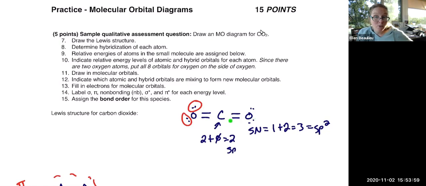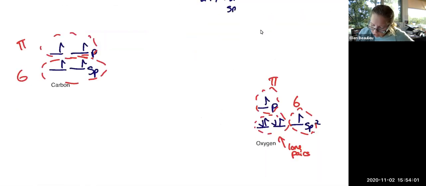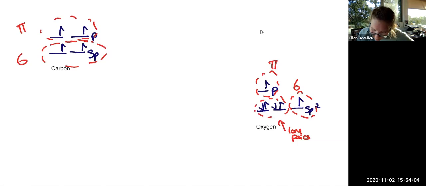But guess what? This molecule has two oxygen atoms. So you really have twice this number of available orbitals because you have two oxygen atoms. In other words, I have another p orbital with an electron in it, and I have another 3 sp2 orbitals.